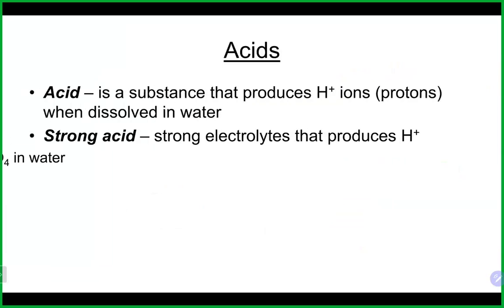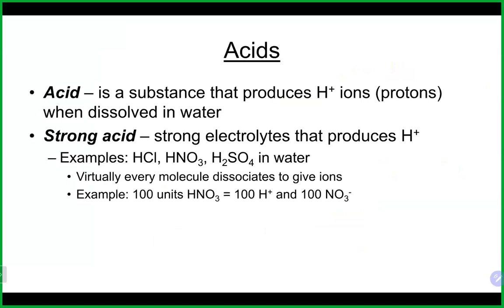So let's talk a little bit about an acid and sort of the definition of an acid. An acid is a substance that has the ability to produce H plus ions or hydrogen ions in solution. In acid-base chemistry, pretty much H plus, which is the hydrogen ion, and H3O plus, which is the hydronium ion, is pretty much the same thing.